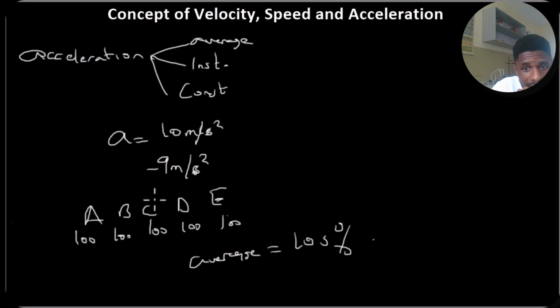Averagely, they had 100, and instantaneously or specifically, A had 100, B had 100, C had 100, D and E also had 100. So our first assumption is that my average acceleration and instantaneous acceleration must be equal for my acceleration to have a constant value.